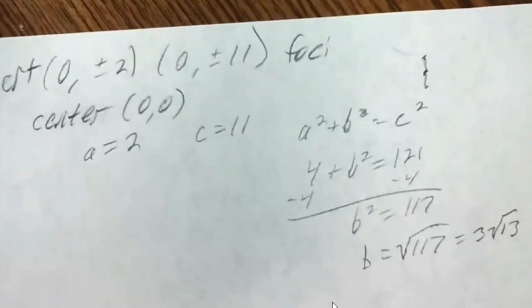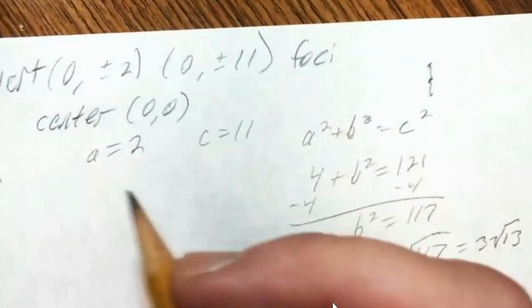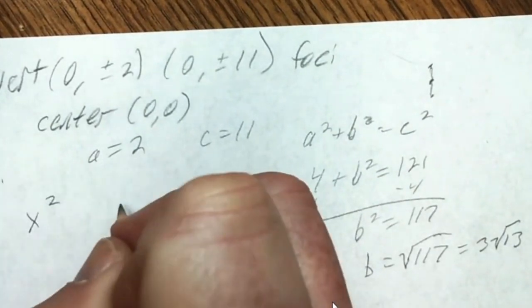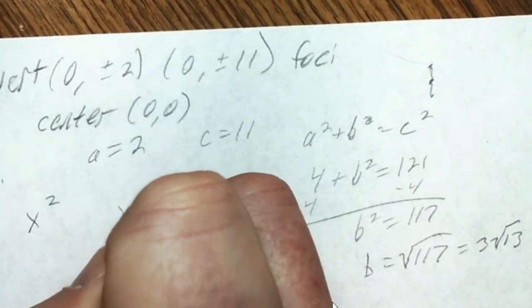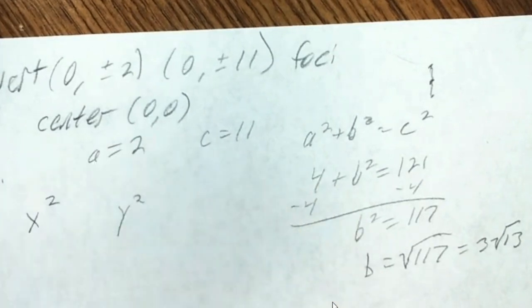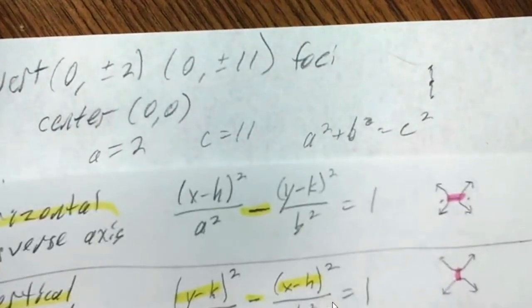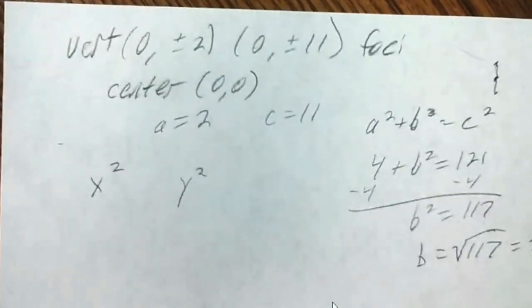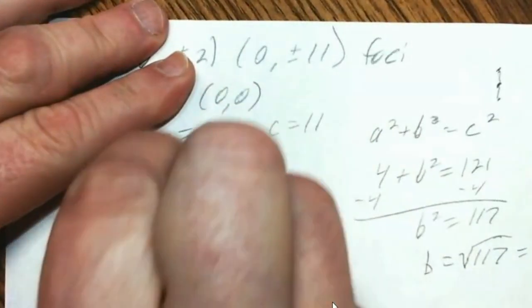So if we do our equation, we've got x squared, y squared. Oh, wait a minute. We said this was up and down, so the y has to be on the left side. Let me swap that. Pay attention.